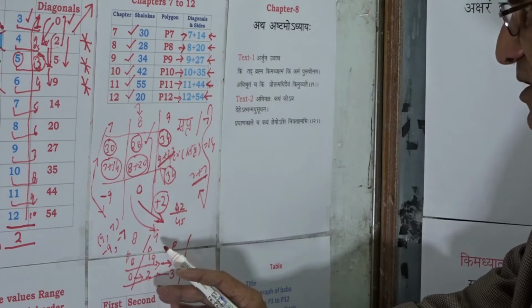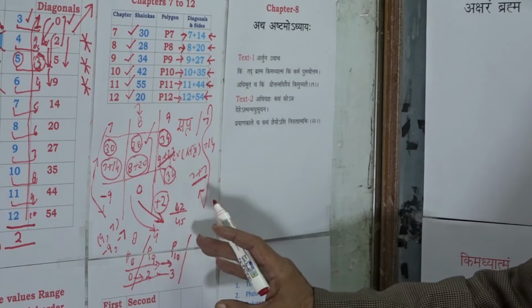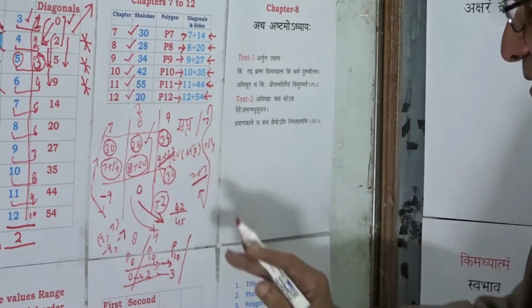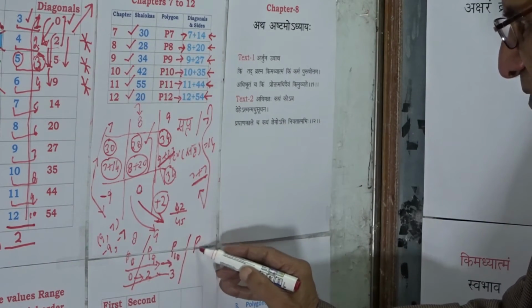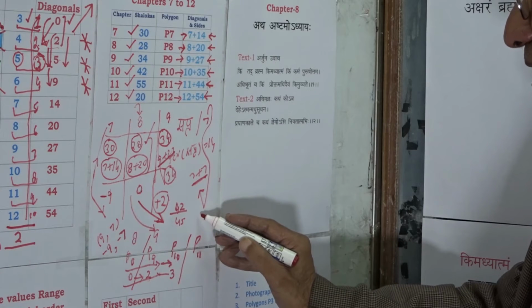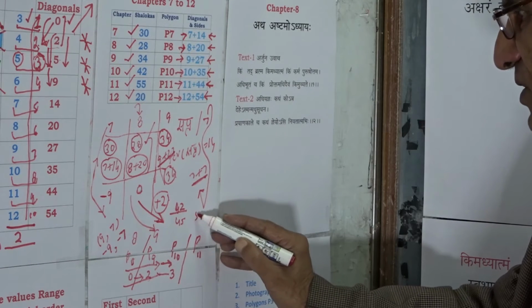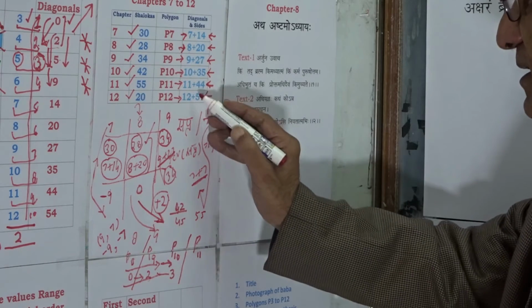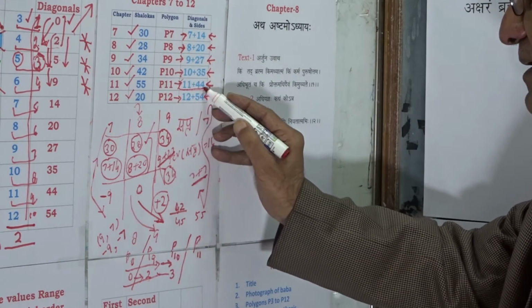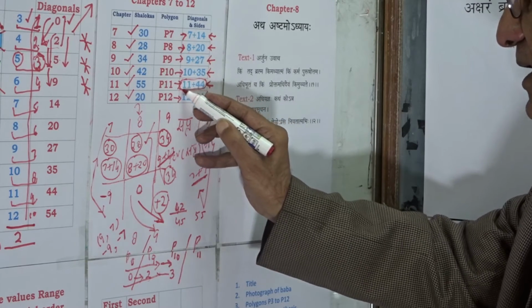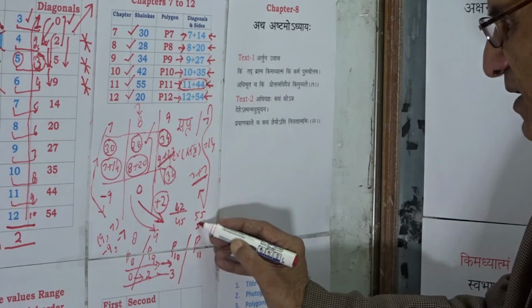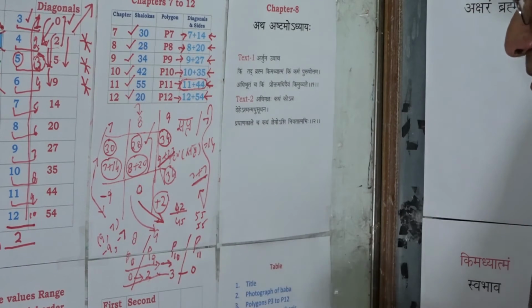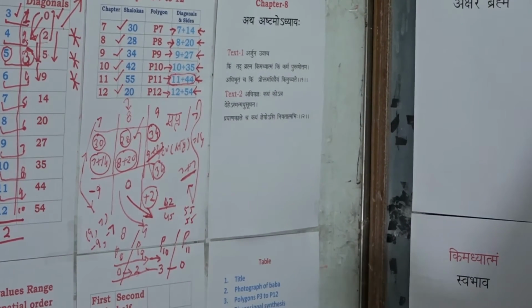It is this feature which deserves to be noted. And a step ahead, when we reach P11, that means polygon 11, chapter 11, chapter 11 has 55 shlokas range, while the number of sides and the internal diagonals value is also 55, and the difference value again comes to be 0. It is this feature which deserves to be comprehended well.